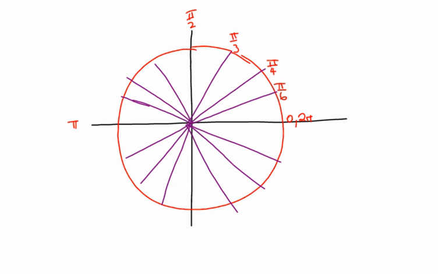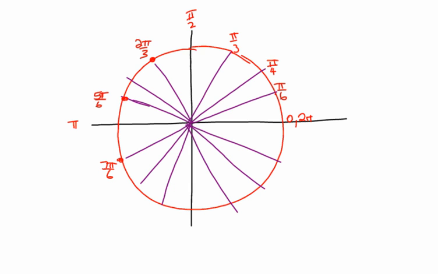Now, when I use mine, I like to use the sixes. So we have 1 over 6, 2 over 6, 3 over 6. We're just skipping the 45. So this would be 4 over 6, or 2 pi over 3. Now we're at 5 over 6. 6 over 6, which is pi. 7 over 6.